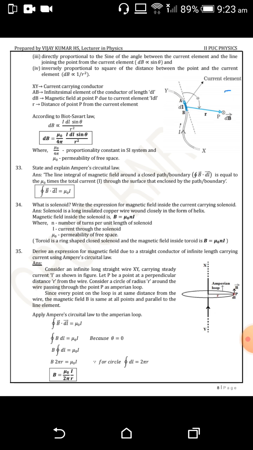Hence the magnetic field inside the toroid also comes out to be the same. The expression is B is equal to mu naught nI.